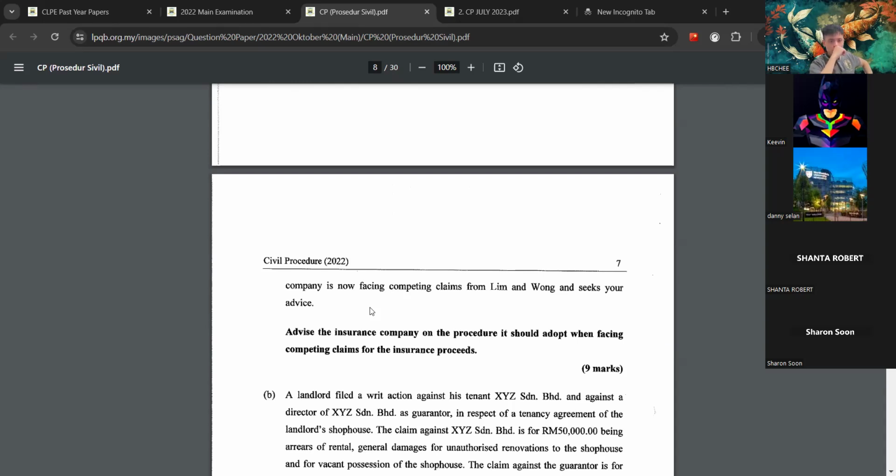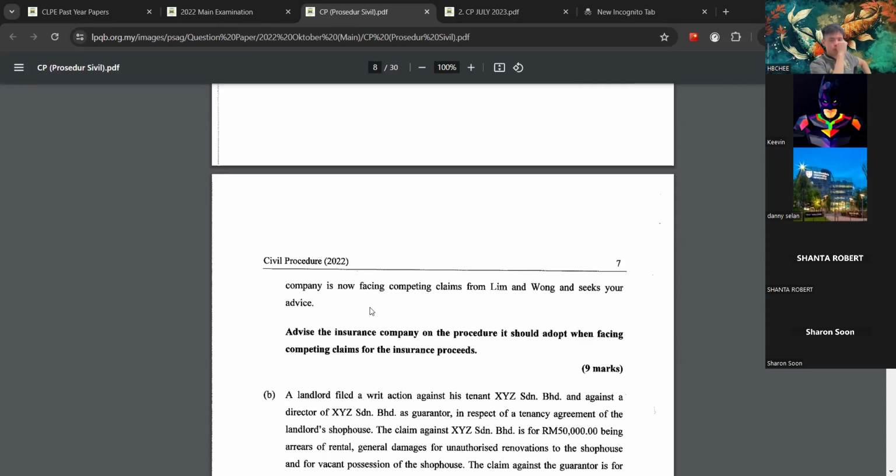Any idea? Keyword is there already. Yes, interpleader. What kind of interpleader? Bear in mind, we have two kinds of interpleader. One is stakeholder, one is sheriff interpleader.